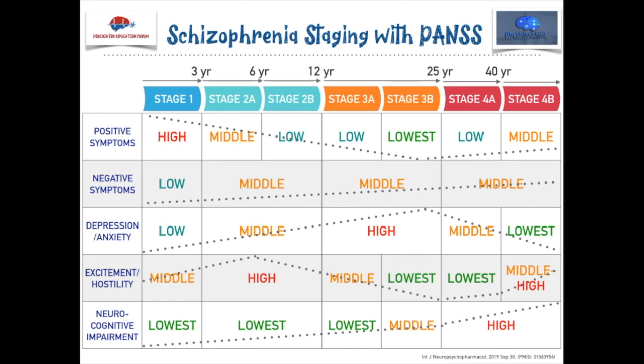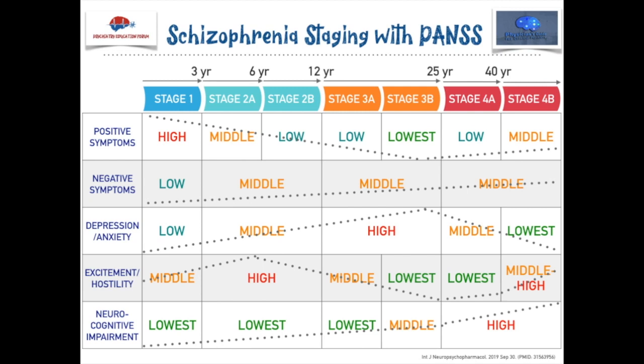Now, a few clinical facts from this study, but I will again recommend please read the full study for more details. What I will point out now is only a few important points for clinical relevance. One thing that I mentioned already is that positive symptoms decline after stage 1.